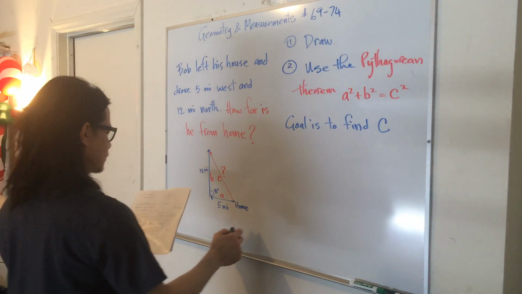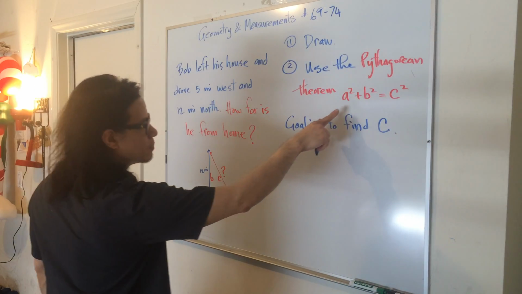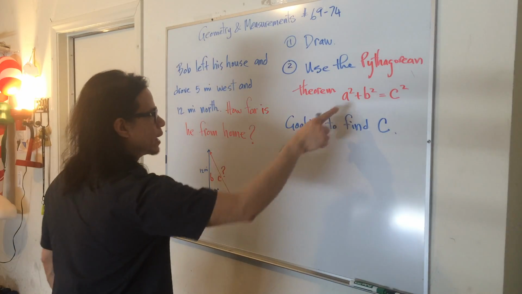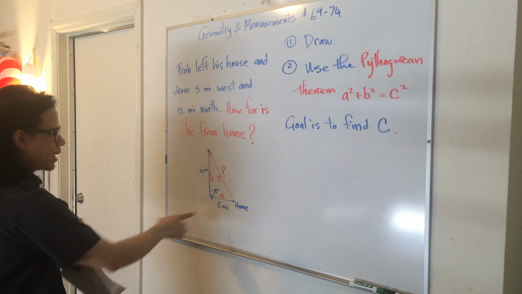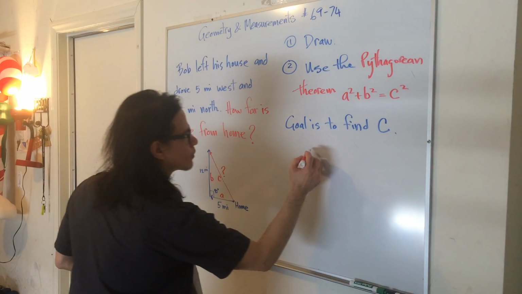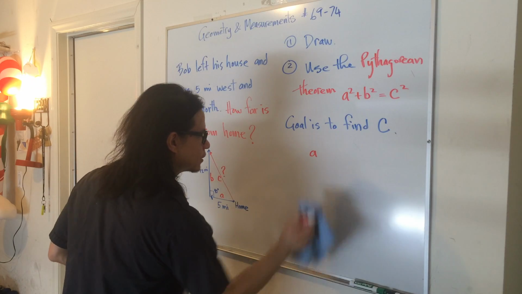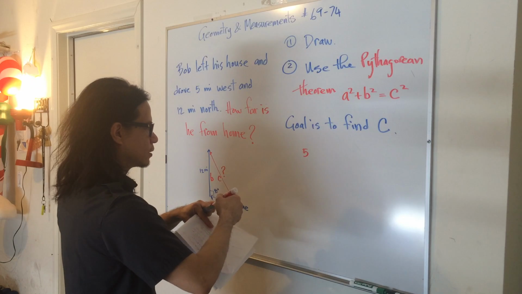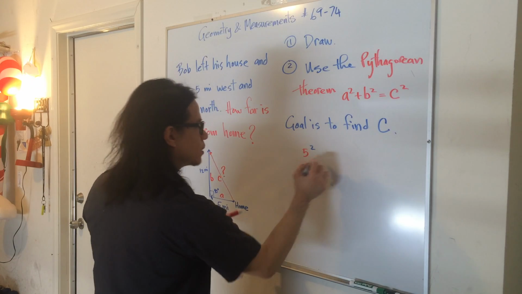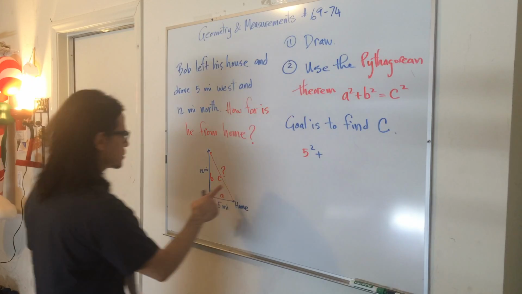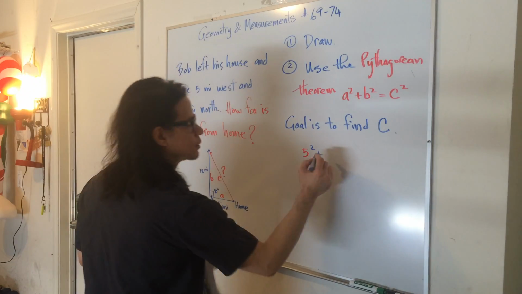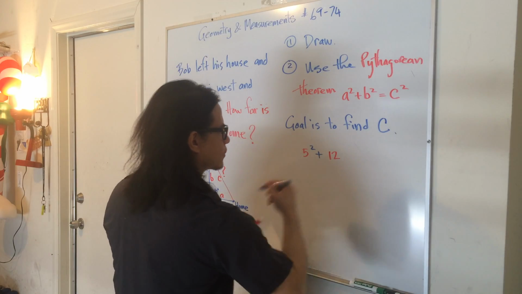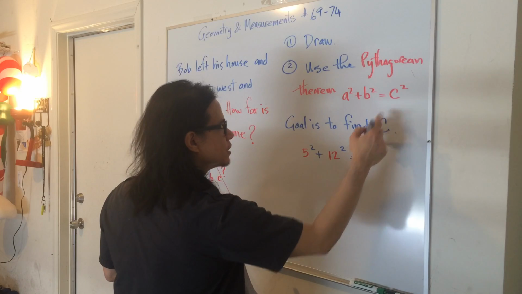Okay. So that means we must know a and b. So let's plug those values in for a and b. a is 5, and then we'll square it, plus b is 12, so we'll square that too, equals c squared.